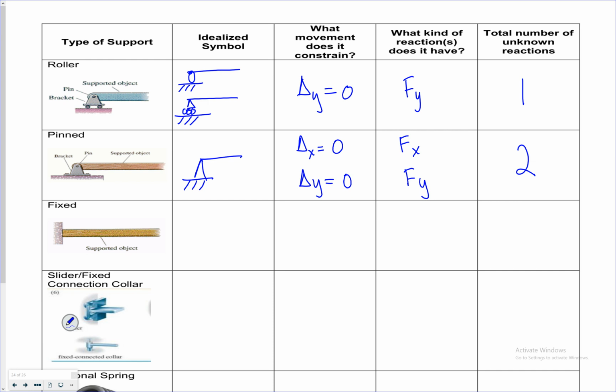If I'm talking about something that's a fixed reaction, remember that was where I had my flanges attached as well as my web, as one example, right? Then I draw it like that. I guess if it was a column, it would be like that.